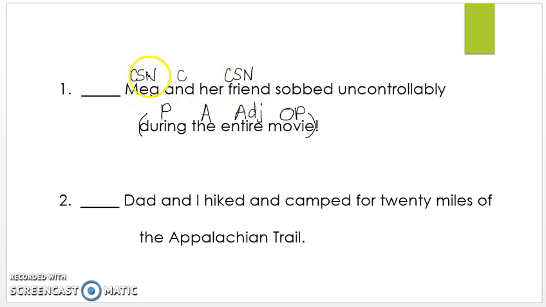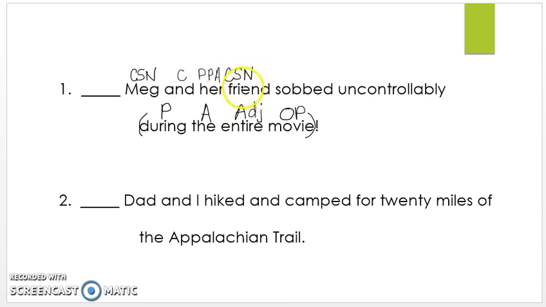So it's compound subject noun, with and labeled as a C for conjunction. Okay? All right, so her. Whose friend? Her friend. Possessive pronoun adjective.